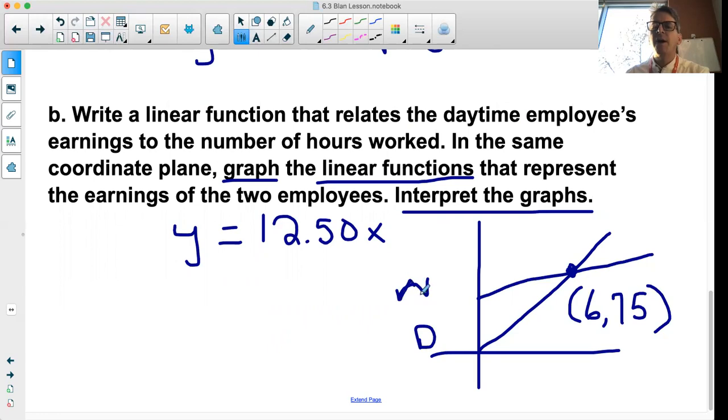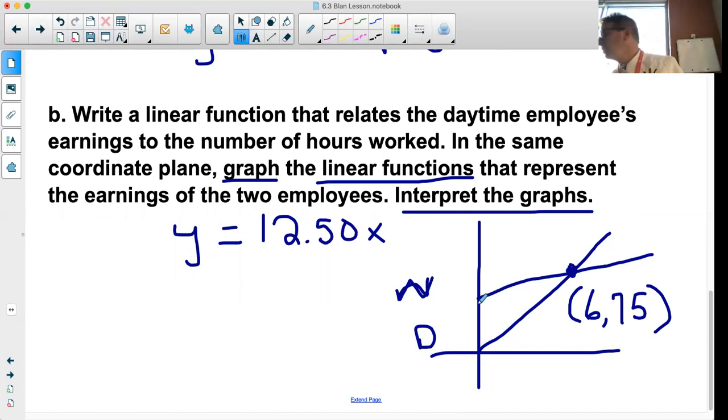I'm not sure why, probably because at night they're not as busy. And they have a kicker at the beginning for a nighttime employee because that employee has an incentive to work all night. So I would say that's the reason why.